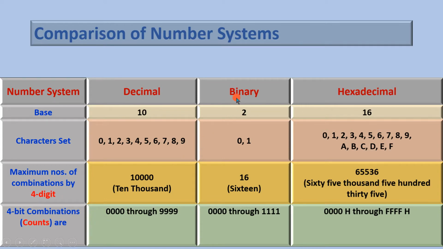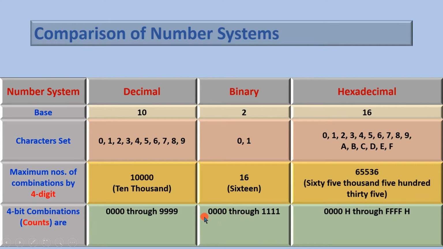Consider the binary number system, which has a base of 2, and base means set of characters. It has only 2 characters. Any 2 characters can be used, but for convenience we are using the first 2 characters of the decimal number system. Now let us consider a 4-digit binary number and how many counts are possible with it.